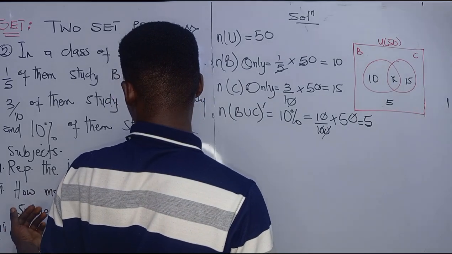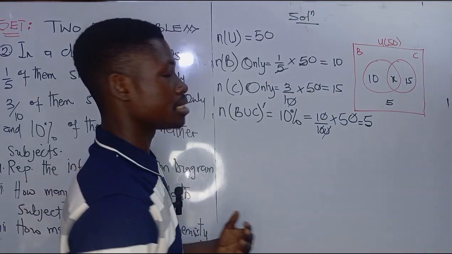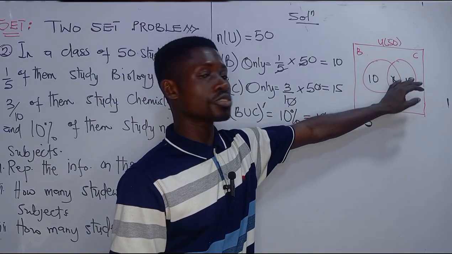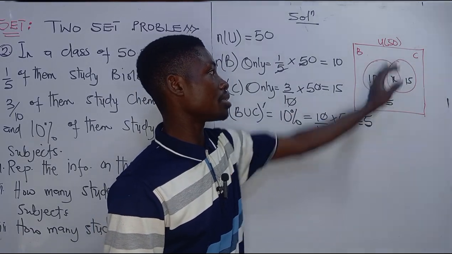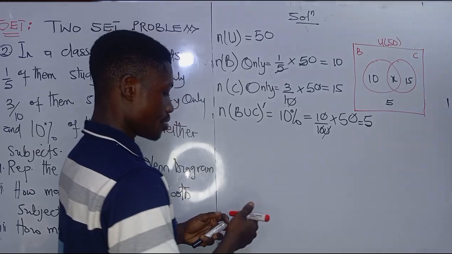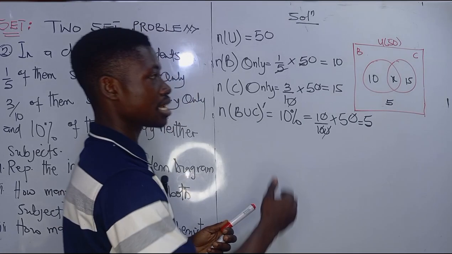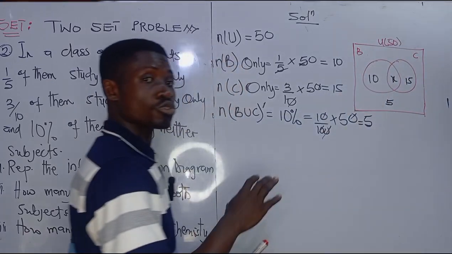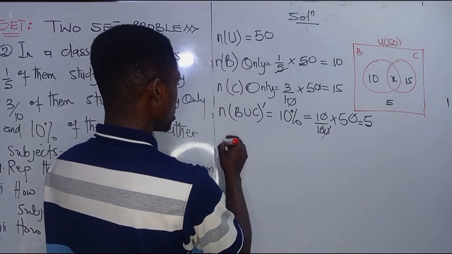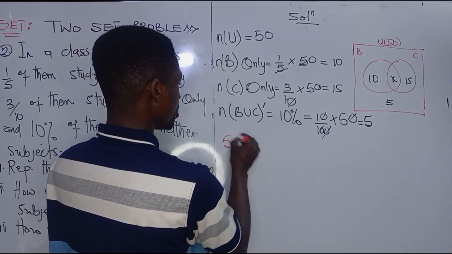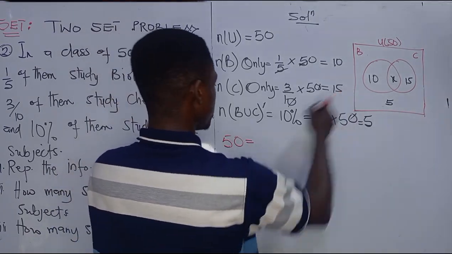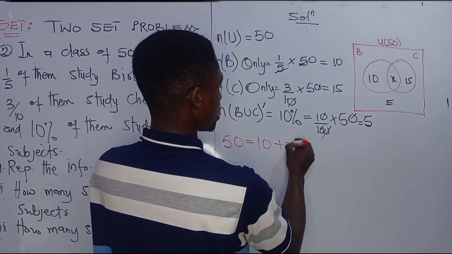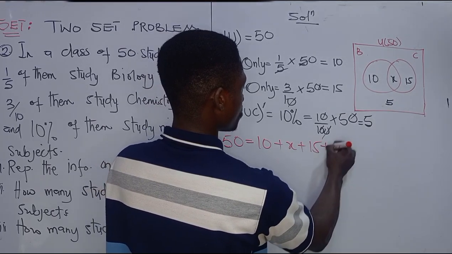Now we are to find the number of students who offer both subjects, that is biology and chemistry. Before we can find that, we know that the summation of all the regions is equal to what? The number of students in the class. So 50 is equal to 10 plus x plus 15 plus 5.